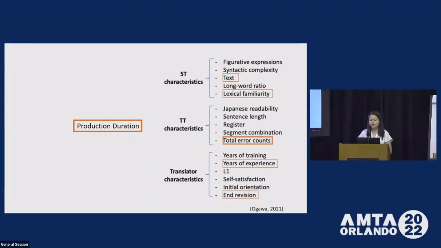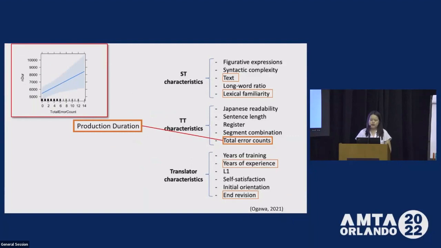There were 5 characteristics that produced statistically significant results. Among them was the number of errors. Interestingly, the result was that a greater number of errors contributed to longer production time, which is not a trade-off relationship.